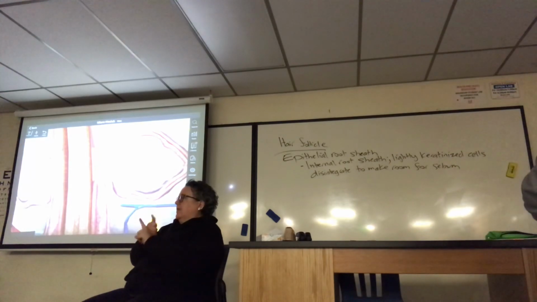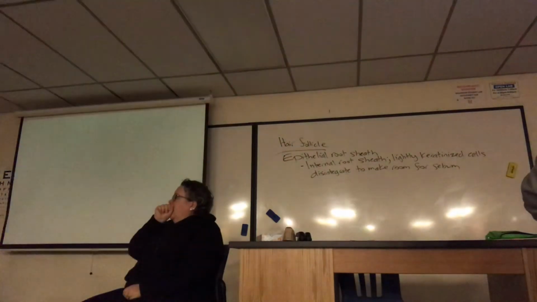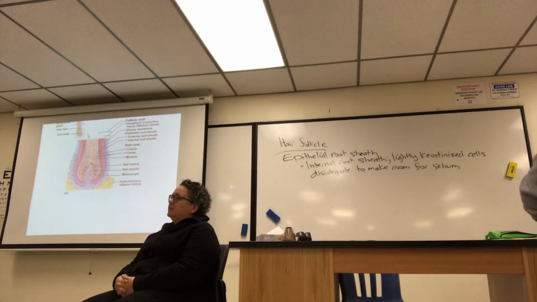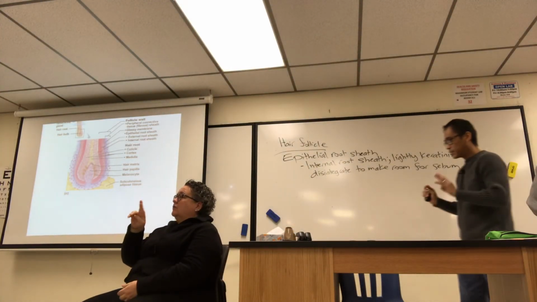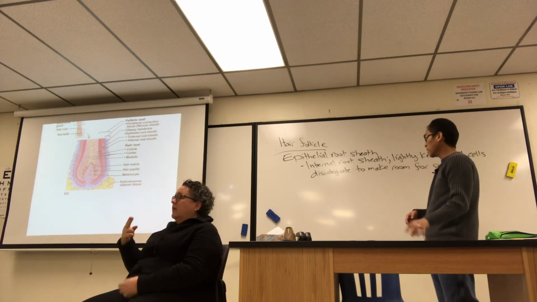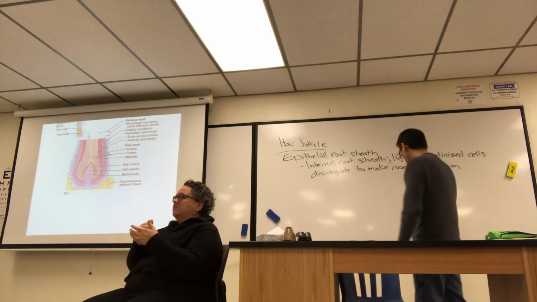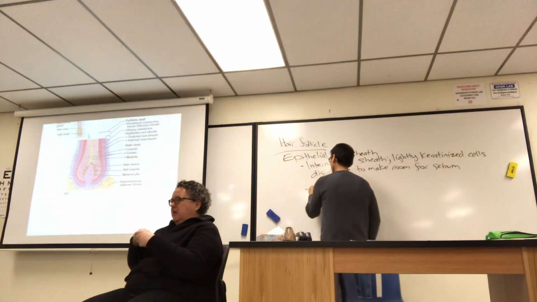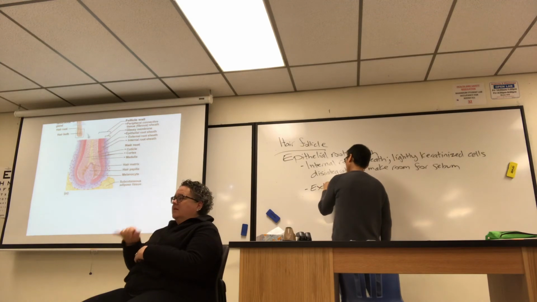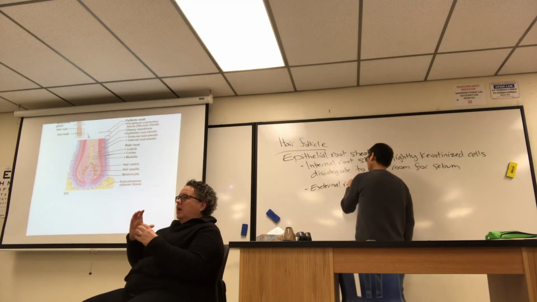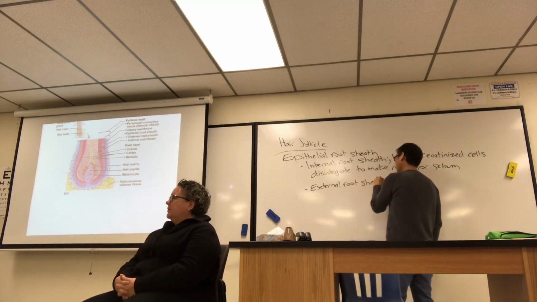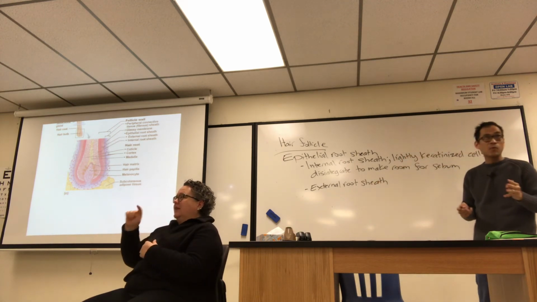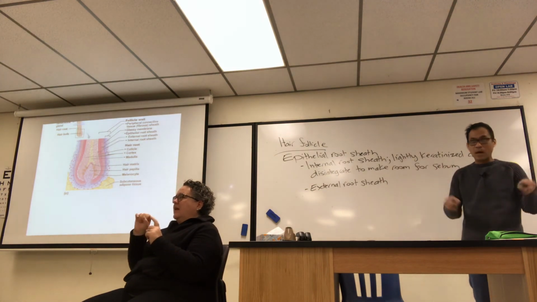All right. Back to this one. The external root sheath participates in hair formation not at all. It's a sheath. It has nothing to do with the hair formation. I just kind of think of the external root sheath as just a sheath. It's literally an infolding of the epidermis that's surrounding the hair follicle.